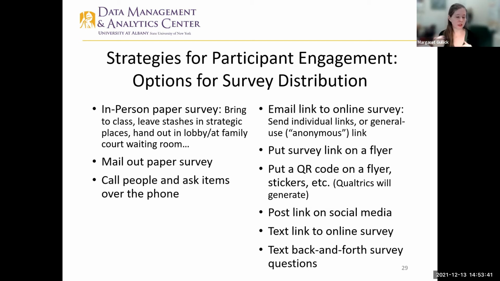We know who we need to call to get surveys done. We have a contact list, so we should just call them and see if we can get them to do it. If you don't know who you need to get in touch with, you need something where it's going to be more mass distribution, hit a lot of people at once, post some flyers up, post something on social media and see who responds, or how it gets passed around and snowballs.